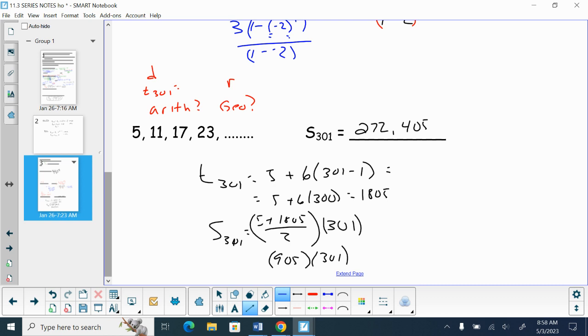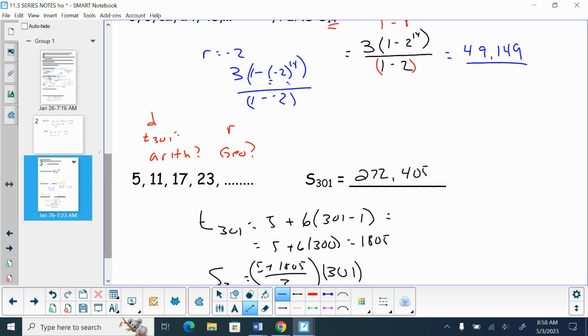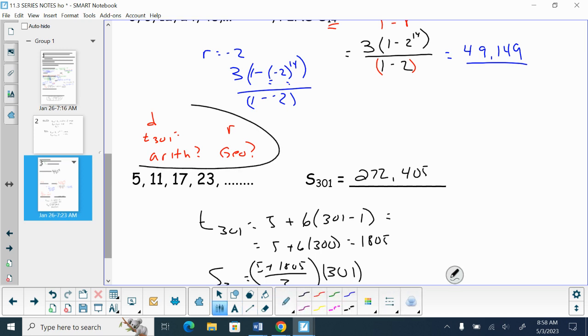All right. My suggestion to you as you go through the problems today, once again, go through the ideas of what do we have here? Is it arithmetic or geometric? If it's arithmetic, I'm going to have to find that term number, which means I need to know my difference.